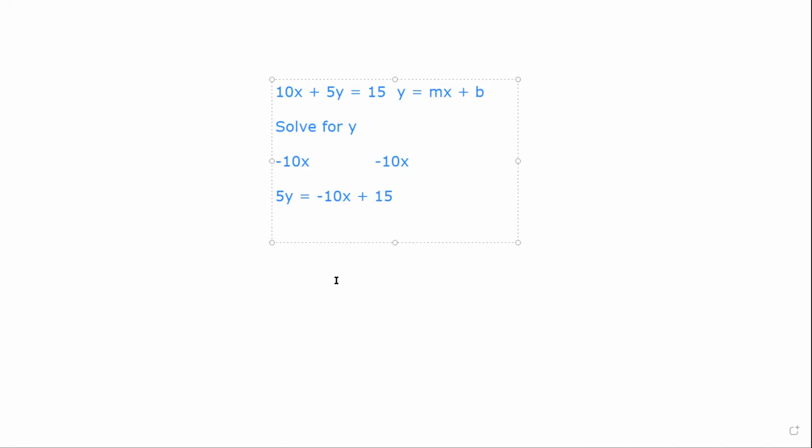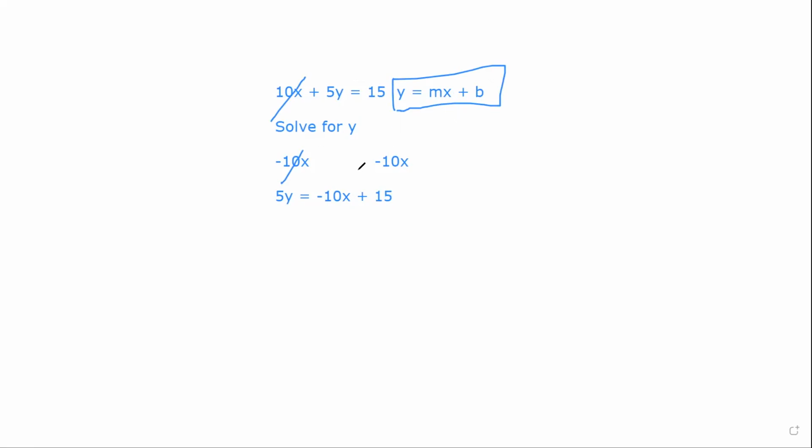Now I didn't put the 10x at the end because I'm canceling those out on the left, because I know I'm trying to get to this format. That x term is going to go right after the equal sign. So I'm going to go ahead and start to put it in that format already.